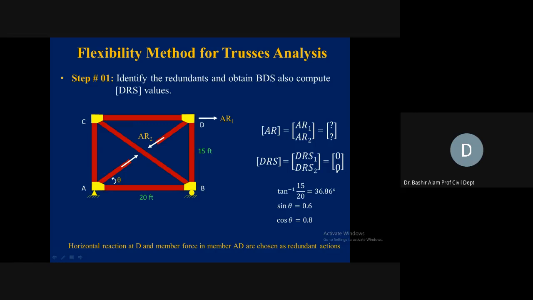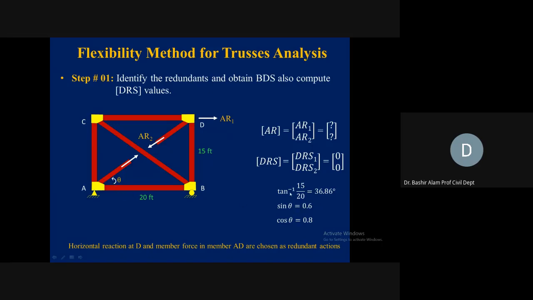Sometimes they can give you that this member AD is on fire, and due to fire, it expands, let's say, by 0.25 inch. Then you will have to include that 0.25 as your precondition. Now, tangent theta, we take with respect to this AB going in the counterclockwise direction.